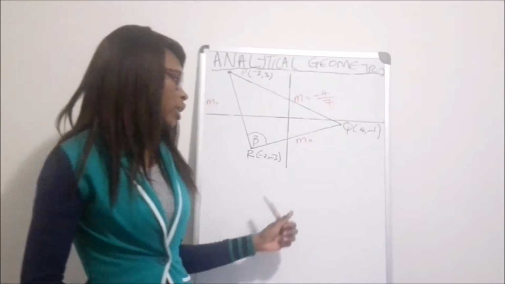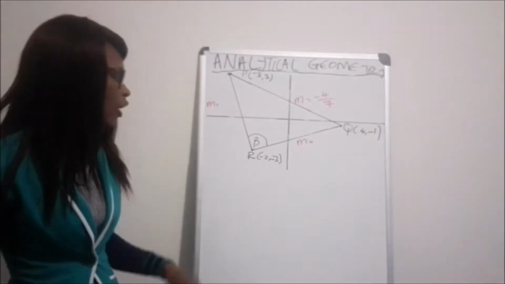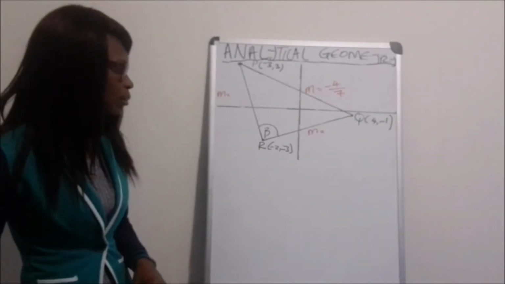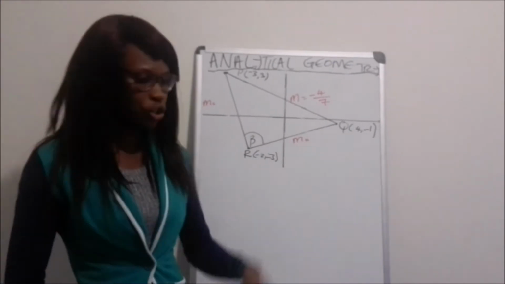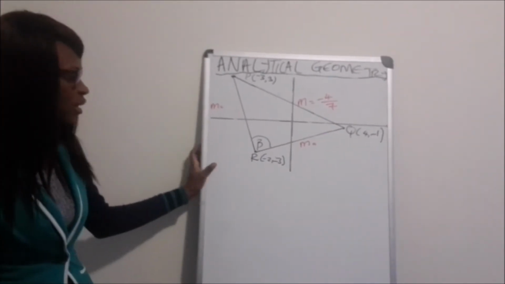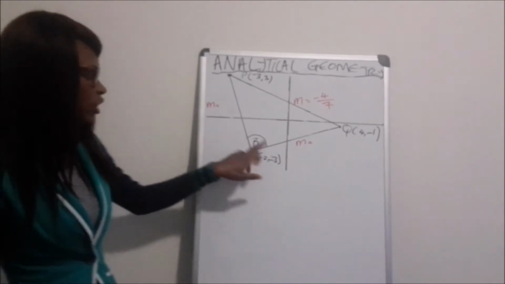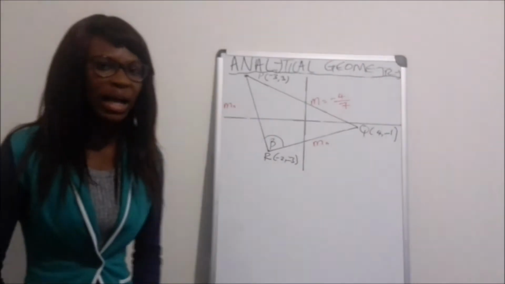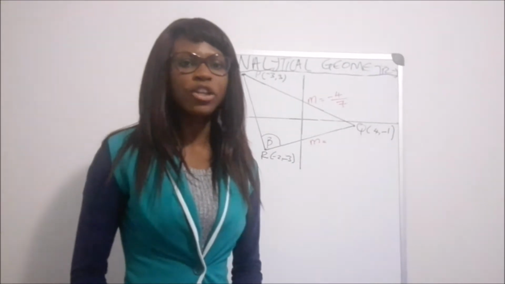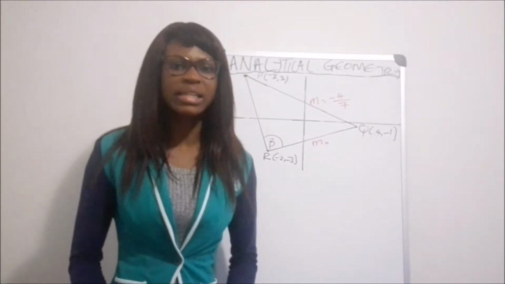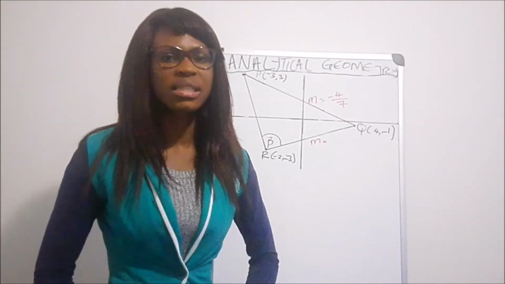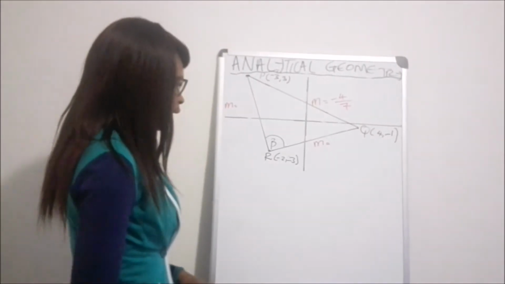The question is for us to find the angle beta, which is the angle between PR and RQ. The first thing we must do when we have a question like this is to find the gradient of the 3 sides of the triangle. After finding the gradients, we can use the angle of inclination to find the angle beta, which is the angle between two lines in this triangle.